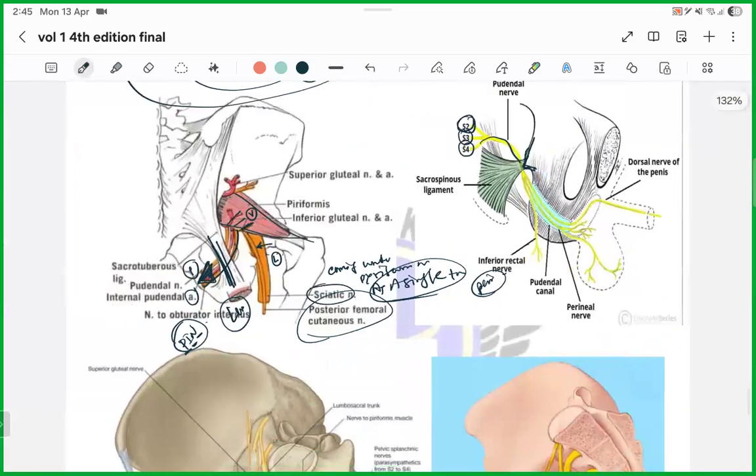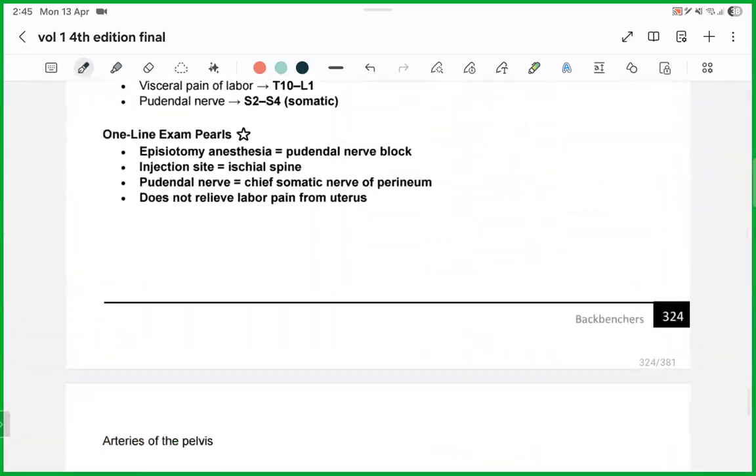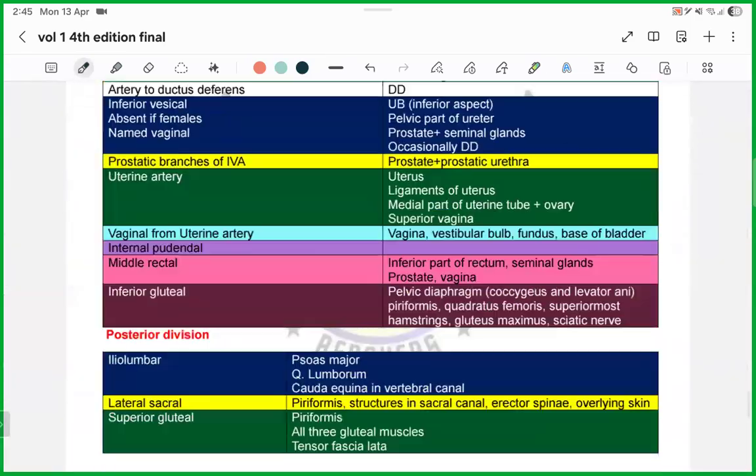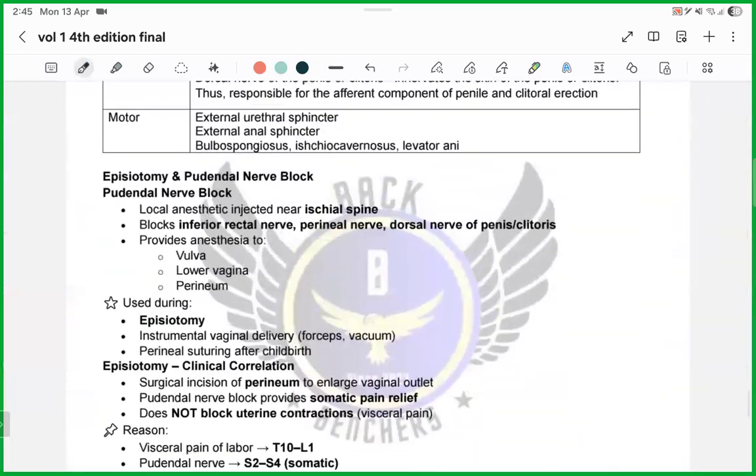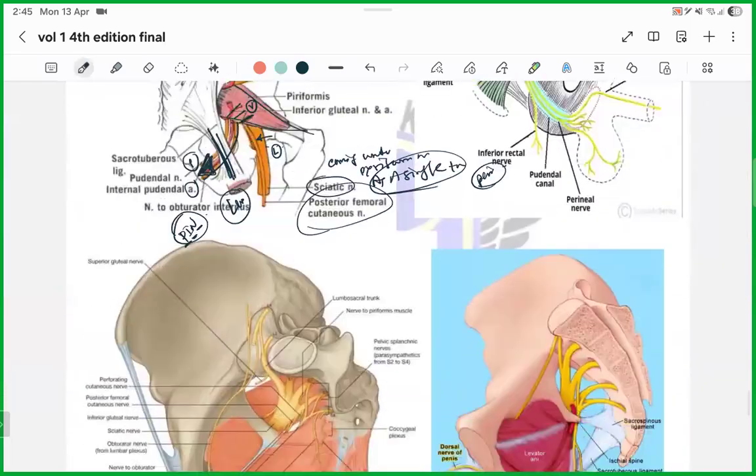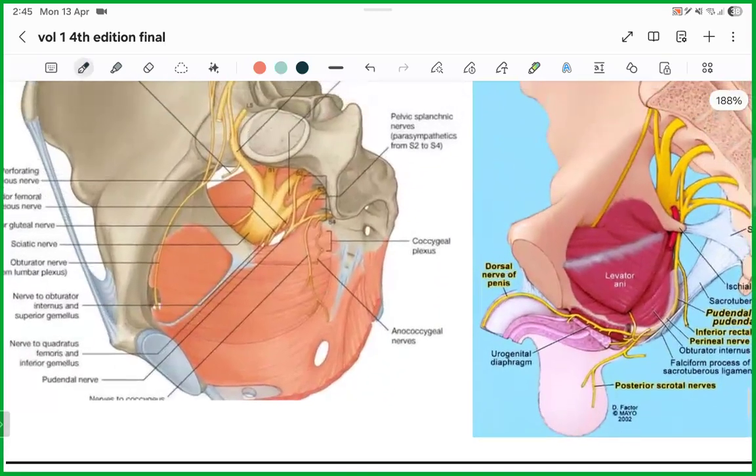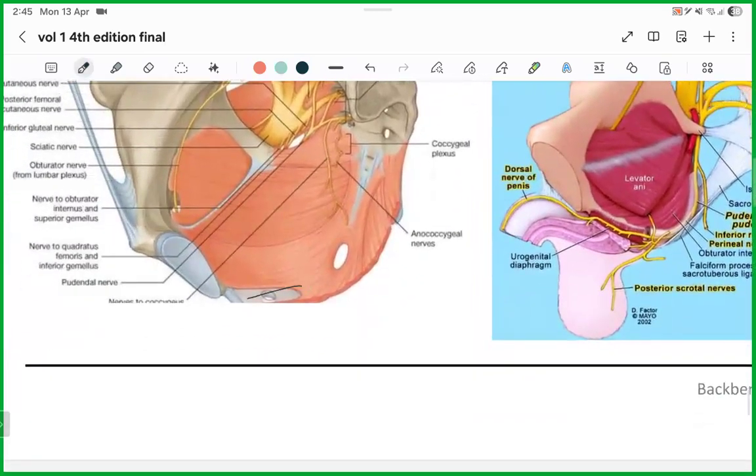And in case of vaginal delivery, so here is our vagina, if you need to give an episiotomy like this, which nerve will you be blocking? You will be blocking the pudendal nerve, because pudendal is supplying this area. All these areas are supplied by pudendal nerve.